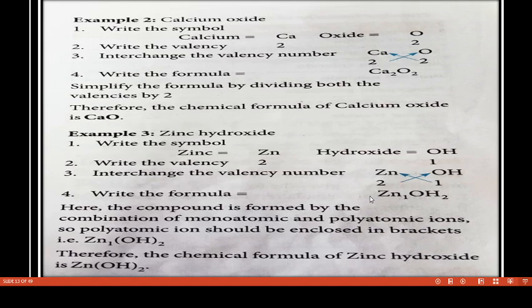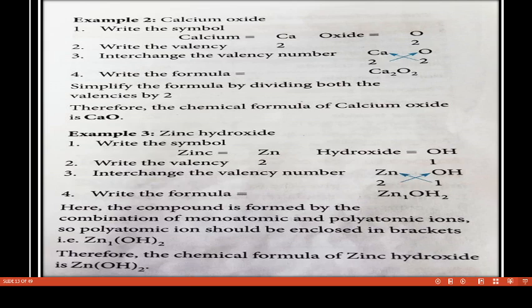Now see, this is important, the guideline: if the compound is formed by the combination of monatomic and polyatomic ions, polyatomic ions are enclosed in brackets. Here the polyatomic ion is OH. The polyatomic ions are enclosed in brackets if their valency is 2 or more than 2. So here the valency is 2, so you write like this, the polyatomic ion enclosed in brackets. Therefore the chemical formula of zinc hydroxide is Zn(OH)2.